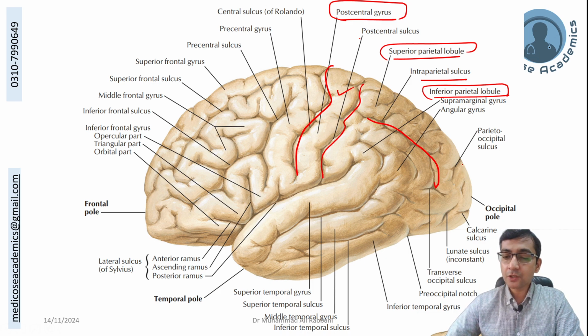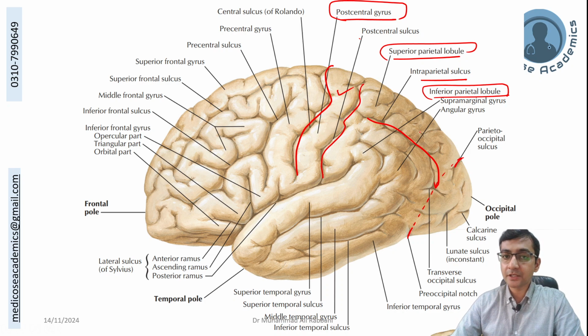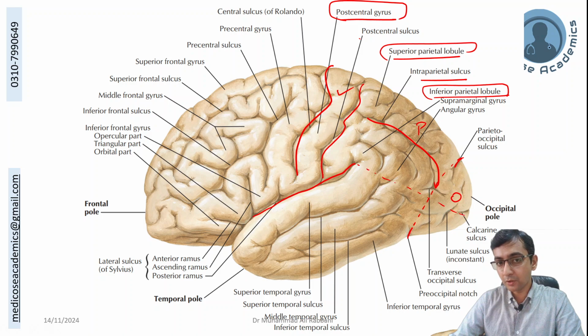The division between the parietal and occipital lobe is more prominent on the medial aspect. On the medial aspect, you will see the parieto-occipital notch here and the pre-occipital notch here. A line joining these two is the demarcation line between the parietal lobe and the occipital lobe. And for the temporal lobe, this is the lateral sulcus; from its posterior-most aspect, draw a line to the occipital pole.